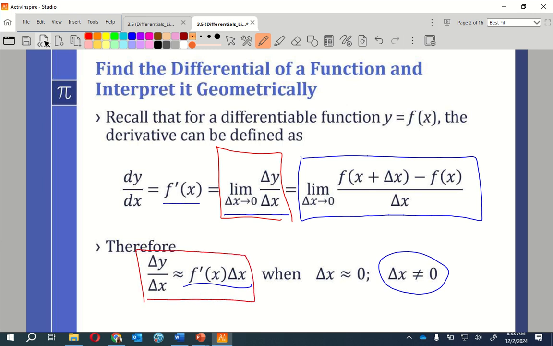Delta y divided by delta x is equal to f prime of x times delta x. So f prime at 0 times 0.5, that's what I just did. And then what was the other one I was looking for?